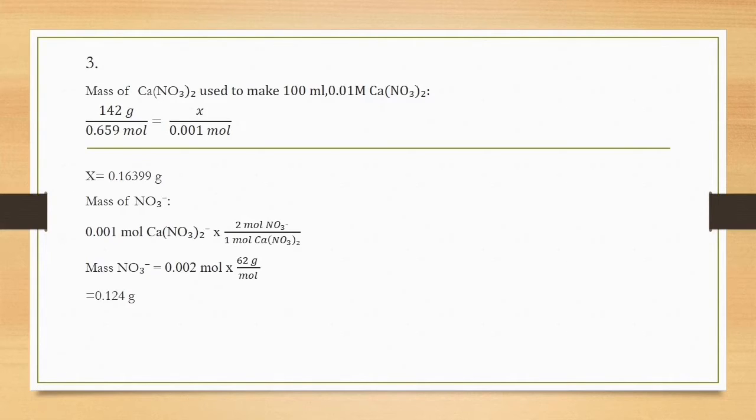For step number 3, we calculate the mass of calcium nitrate that used to make 100 ml 0.01 molar calcium nitrate, and we get the X is 0.16399 gram. Take mass of nitrate, get 0.124 gram as the mass of nitrate.